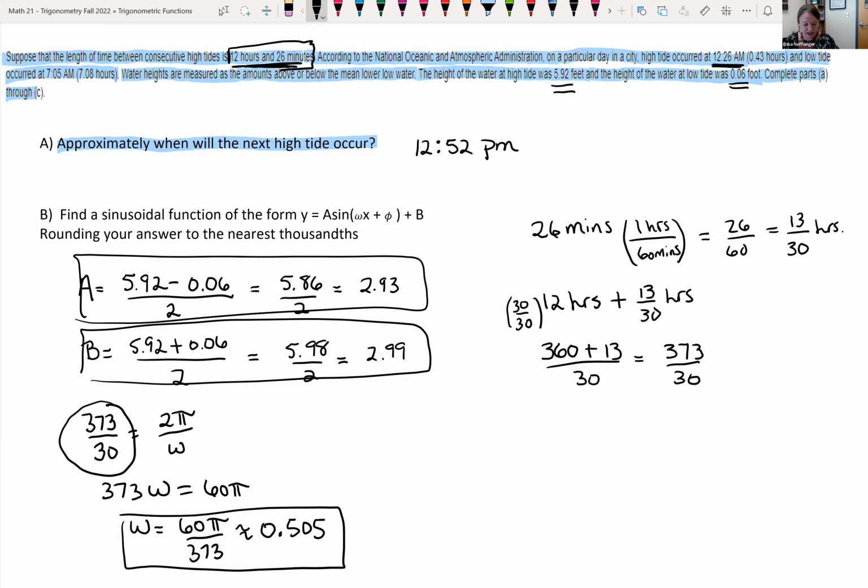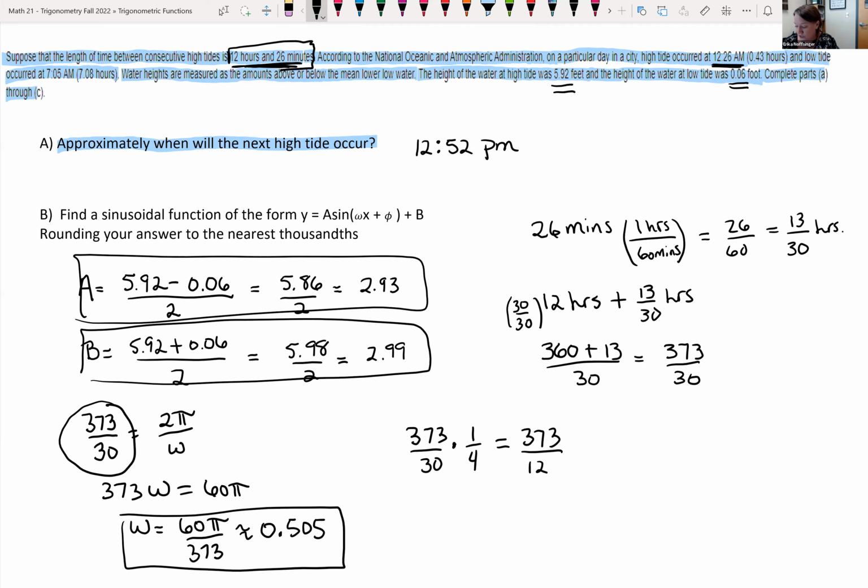So let's look at 373 over 30 times 1/4. We get 373 over 120, and if you do that, you get that this is approximately 3.108.